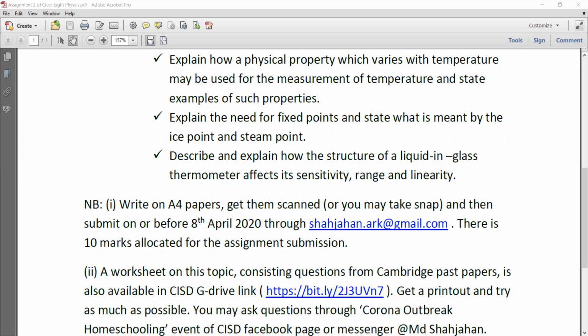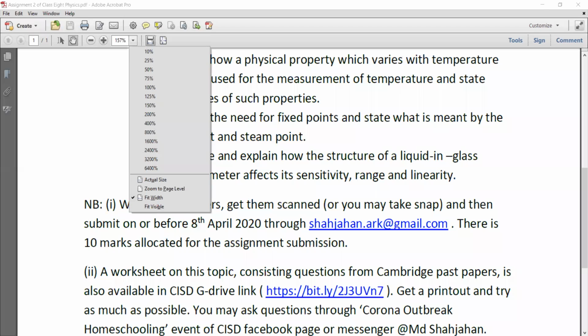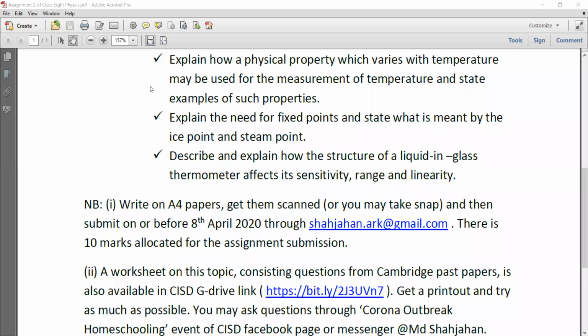Now let's go to worksheet question number 5. I'm making it smaller so that everyone can see the whole question.